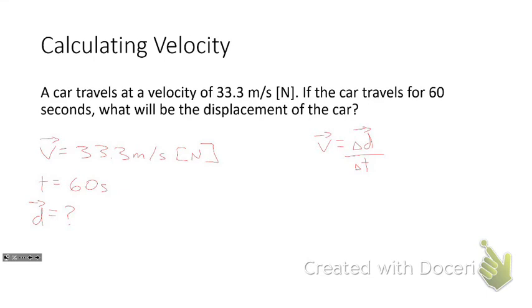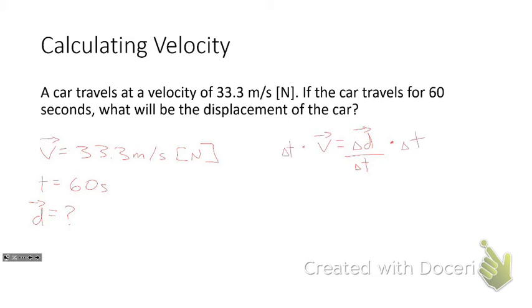So if we want to isolate for displacement, what is the opposite of dividing by time? Multiplying by time, good. And I'm going to do that to one side? Both sides, good. What you do to one side, you have to do to the other.